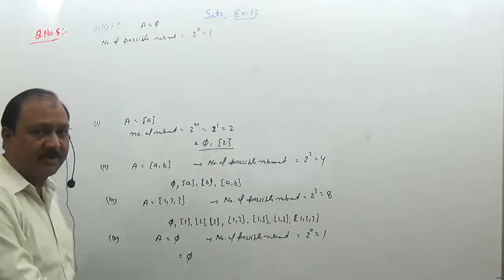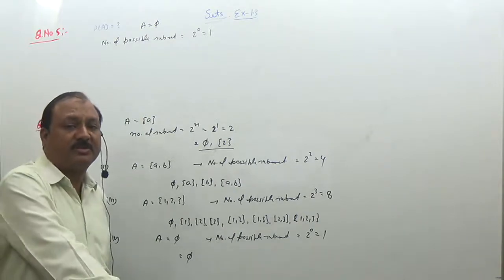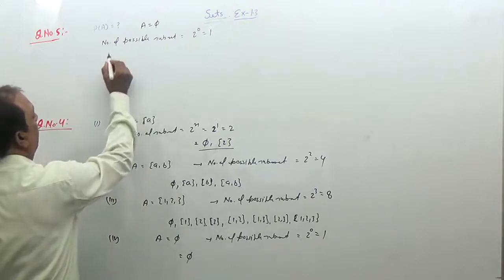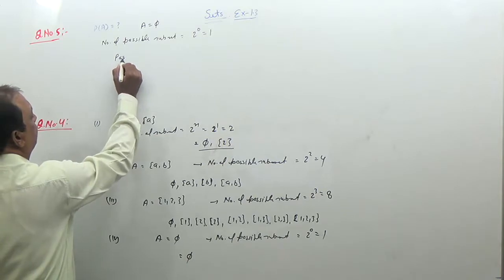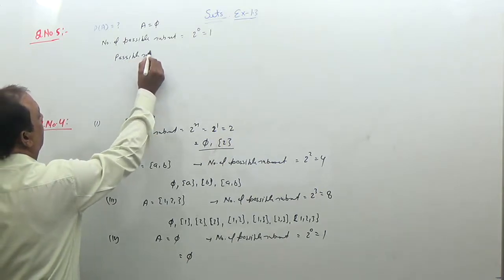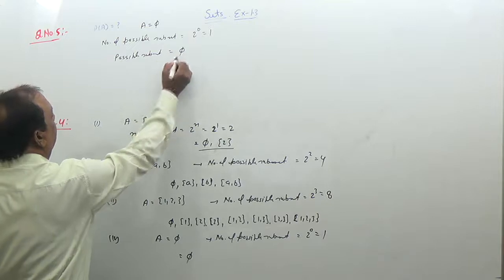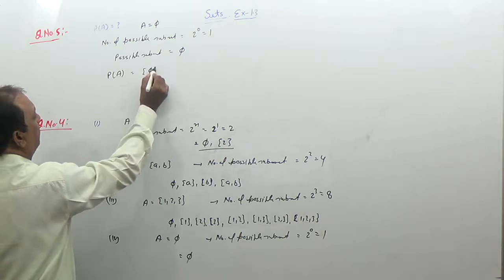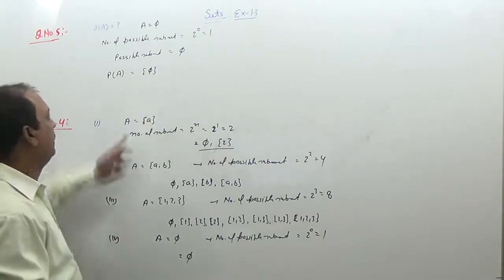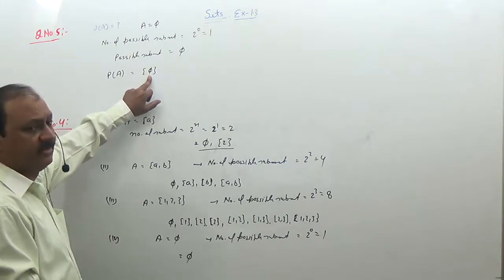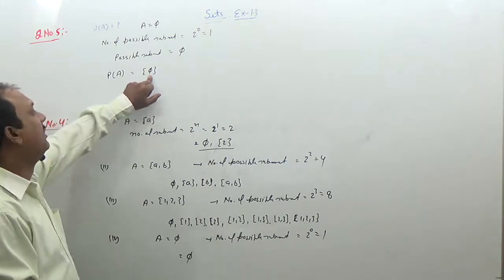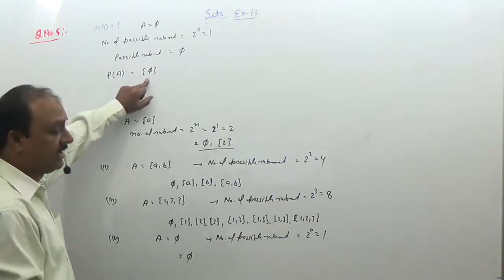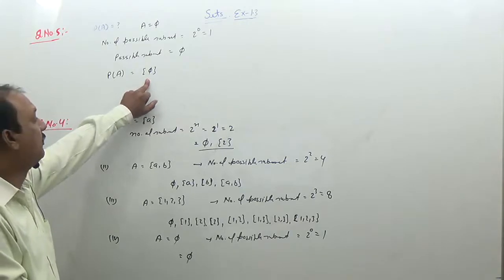Because an empty set does not have any element, the possible subset of an empty set is the empty set itself. So the power set of A, if you put one more bracket here, is a set whose element is the empty set. That is the power set of A. So here you will get one element, and this you will call the power set of A, the null set.